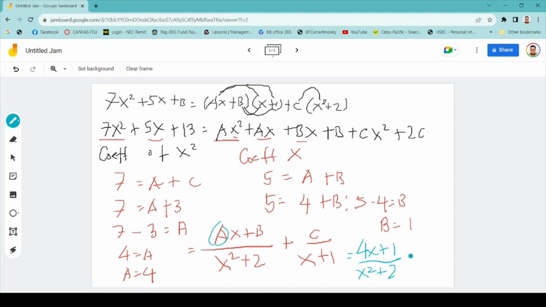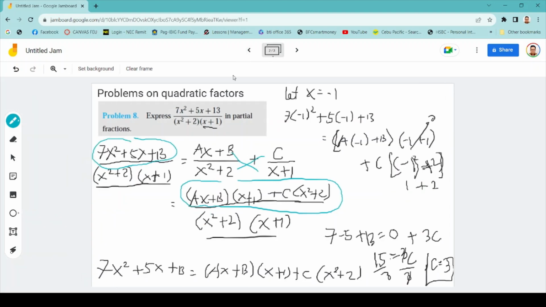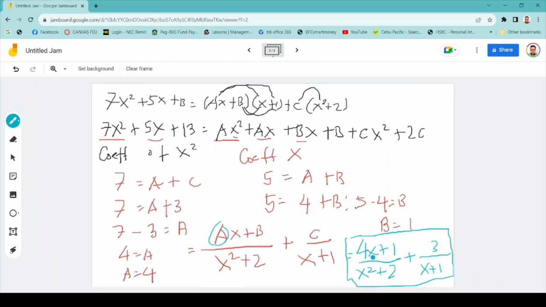And how about c? c is equal to 3, which we calculated earlier, over x plus 1. So this is the partial fractions of this equation. 7x squared plus 5x plus 13 over x squared plus 2 times x plus 1 could be written as 4x plus 1 over x squared plus 2 plus 3 over x plus 1.